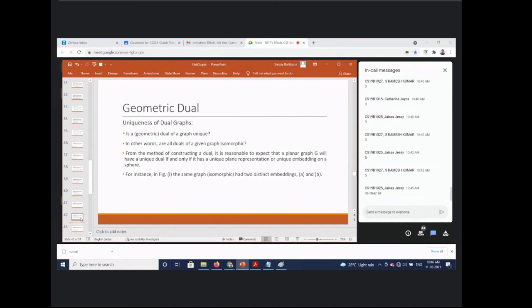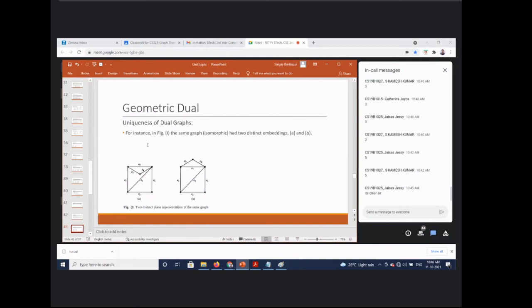Quickly going to what I meant: till now there is a graph having 5 vertices, 8 edges and their mappings. That abstract graph has been represented differently, as 2 distinct plane representations of the same graph: graph A, graph B. Are they isomorphic to each other?